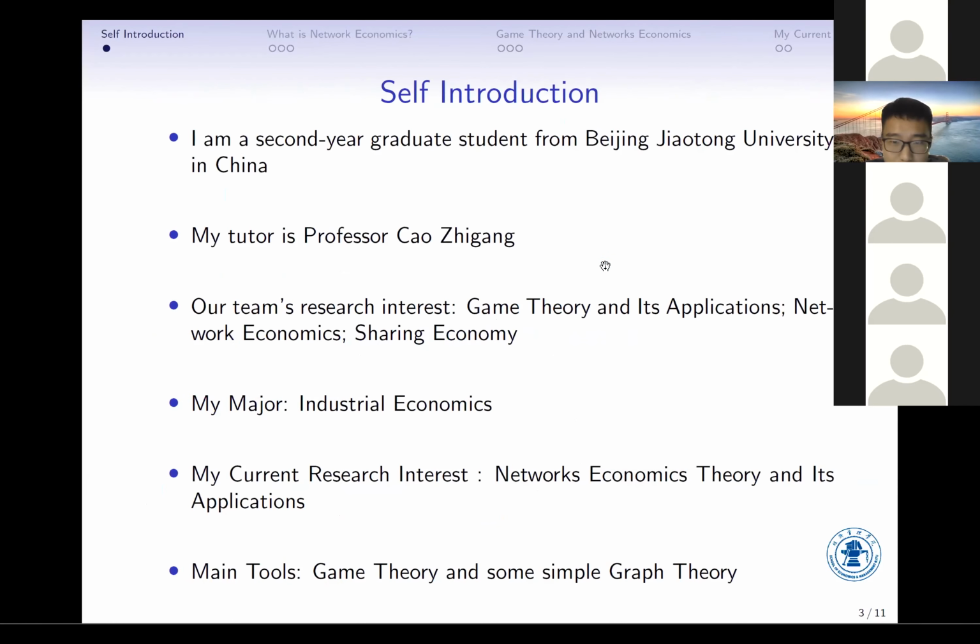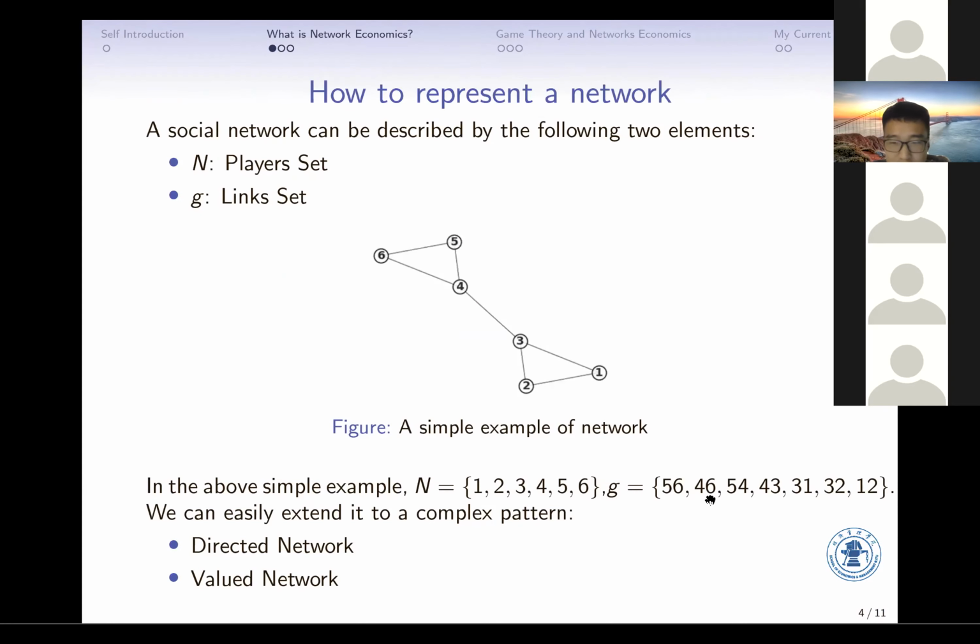I'm sorry. We can see G is equal to this. This is a simple sample of a network, but we can easily extend it to a complex pattern. For example, we can assign the direction to the link.